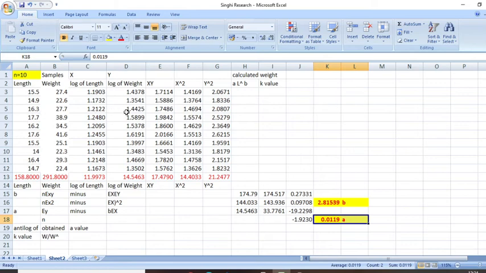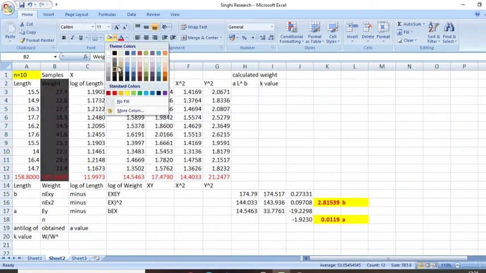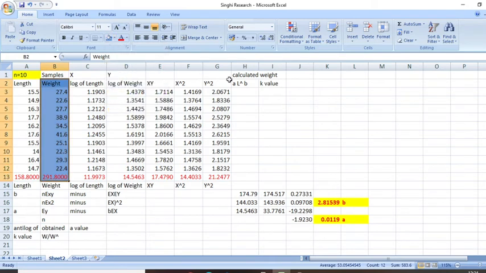So now as per the formula of the length weight relationship, W is equal to a L power b. We have the observed weight here, and we are going to calculate the weight.